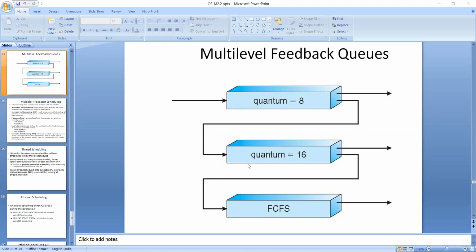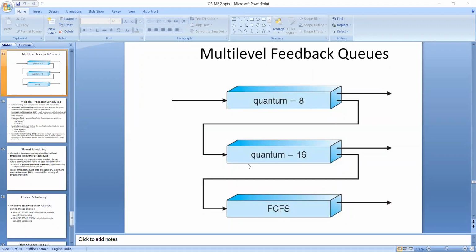Q1. Q1 also works like first come first serve scheduling with the round robin algorithm, once the CPU is allocated to the process, with a quantum of 16 milliseconds. If within that additional 16 milliseconds the job's burst time is executed, then that process leaves the CPU.